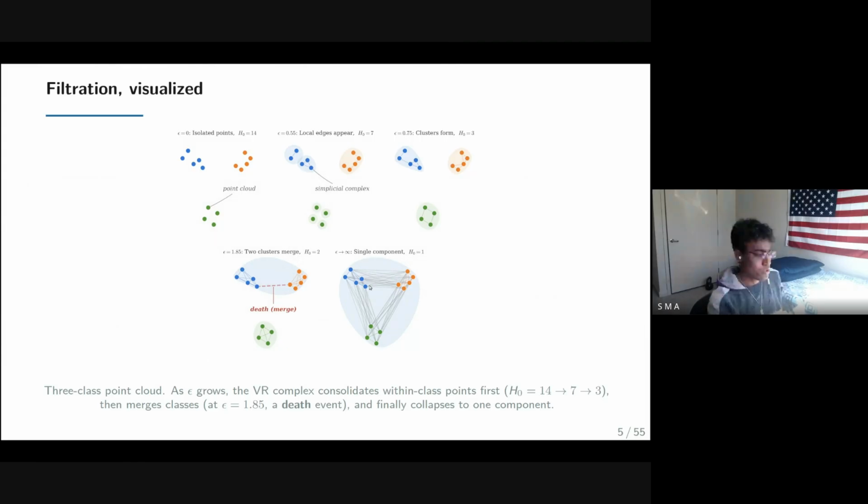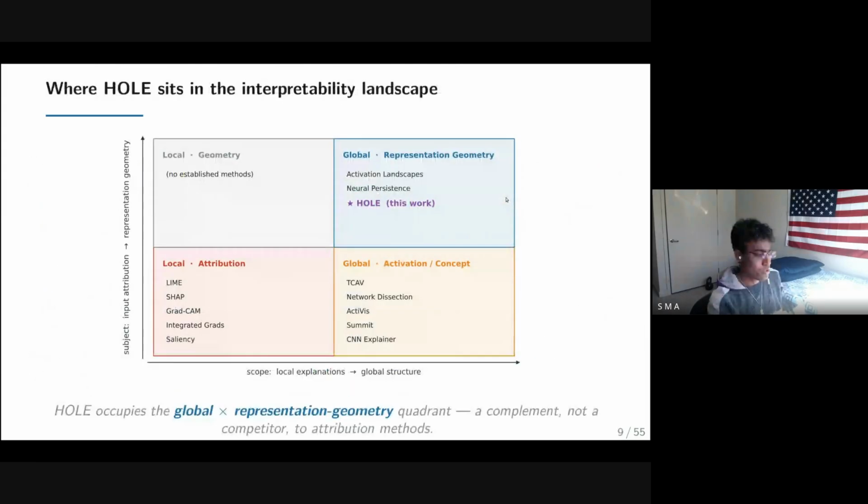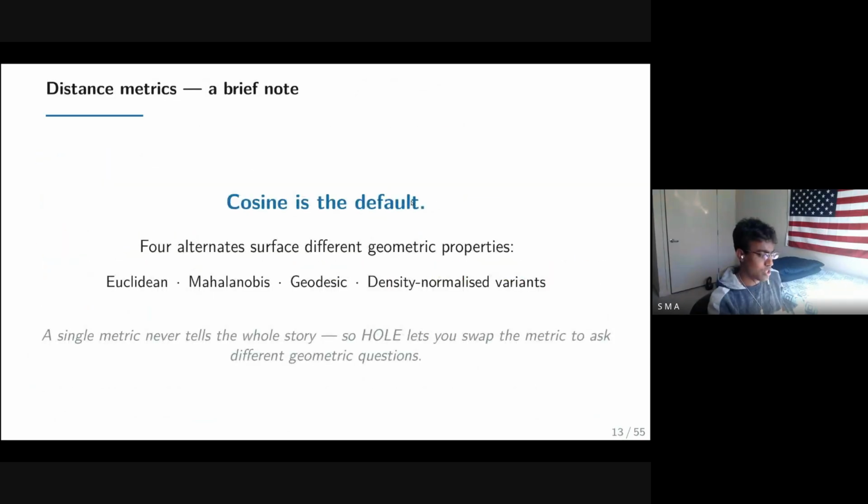We decided that cosine similarity would be the default metric because it just uses the angles. It doesn't use the L2 distance like Euclidean, which can result in loss of information. But a single metric can never tell the whole story, so we still let you try other metrics. You could even add additional metrics that you like, and then test them out.